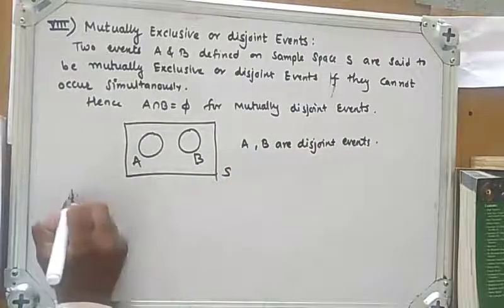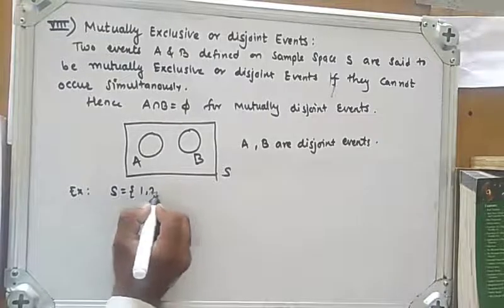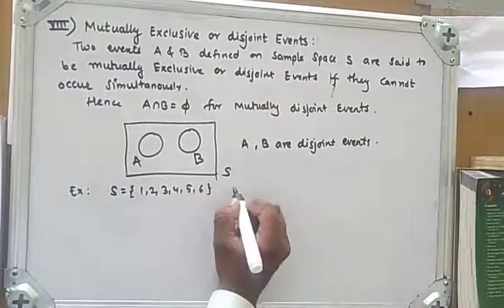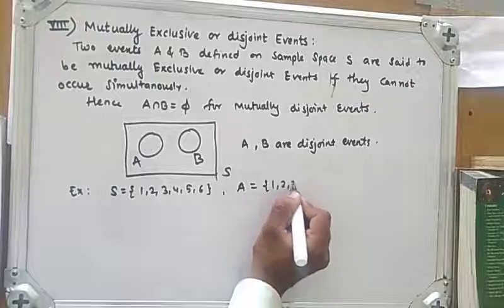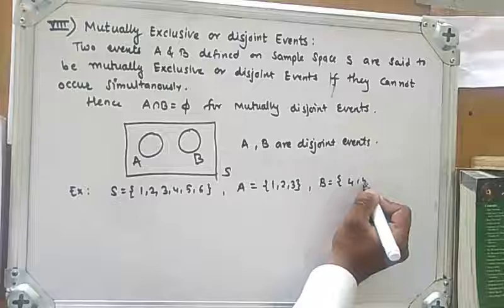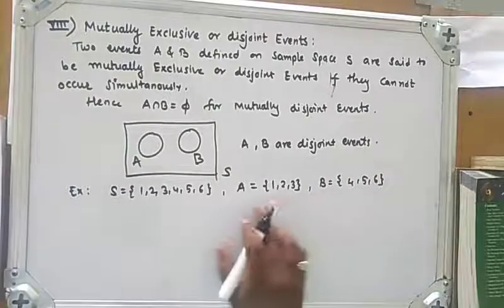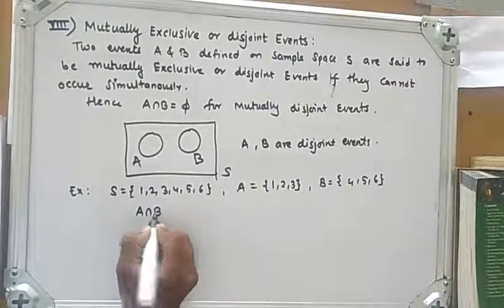So let's see the example. If S is equal to 1, 2, 3, 4, 5, 6 is the sample space, and A is the event defined on the sample space which is 1, 2, 3, and B is the event which is 4, 5, 6, then there is no common element between event A and event B. So A intersection B is equal to phi.